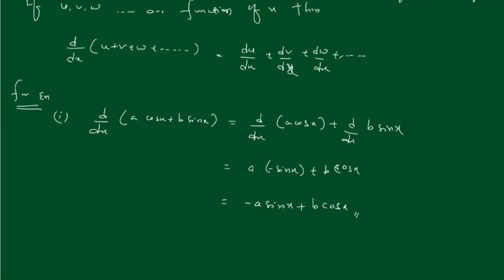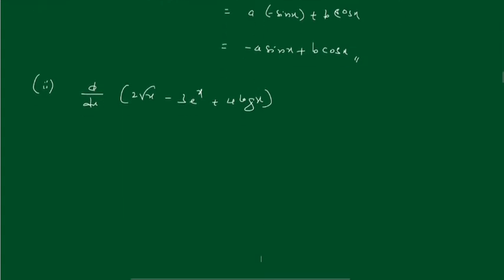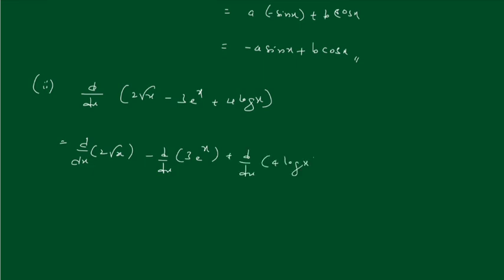So next, one more example, d by dx of 2 root x minus 3 to the power of x plus 4 log x, which can be written as d by dx of 2 root x minus d by dx of 3 to the power of x plus d by dx of 4 log x.